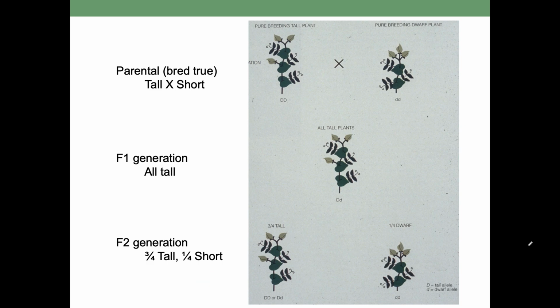And so this trait or phenotype that disappeared in the F1 generation and reappeared in the F2 generation became known as the recessive phenotype or the recessive allele. Whereas the other trait that was demonstrated at 100% in the F1 generation and which occurred at 75% in the F2 generation would be called the dominant trait or the dominant allele.